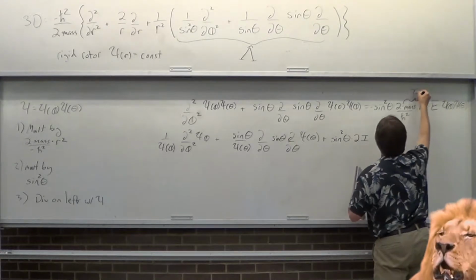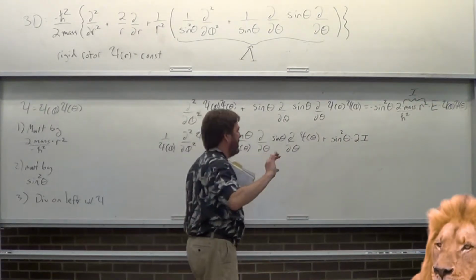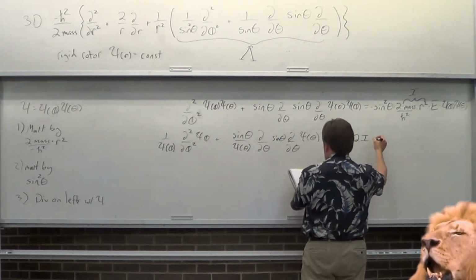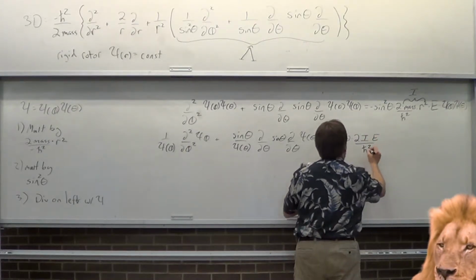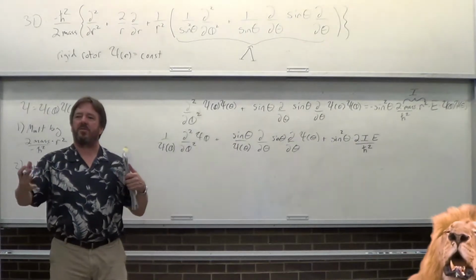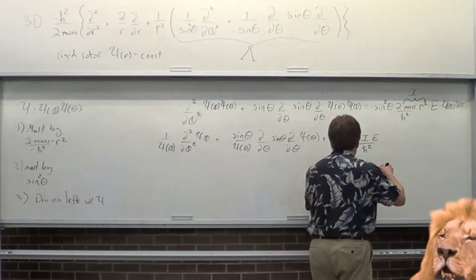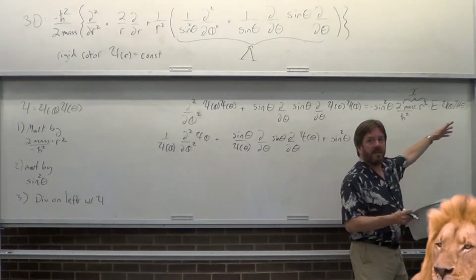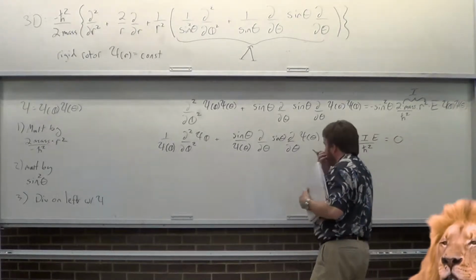If you get confused or make some kind of mistake on the exam about those details, I'm not going to care at all. 2IE over h bar squared. You notice how we always seem to have 2 times something times mass times energy over h bar squared. So that always seems to want to show up. Okay, and again, on this term, when we divide by the wave functions, they just get wiped out. Now it's equal to 0.